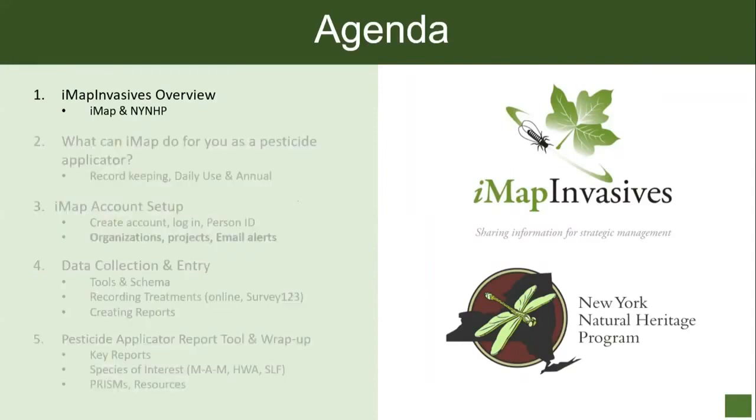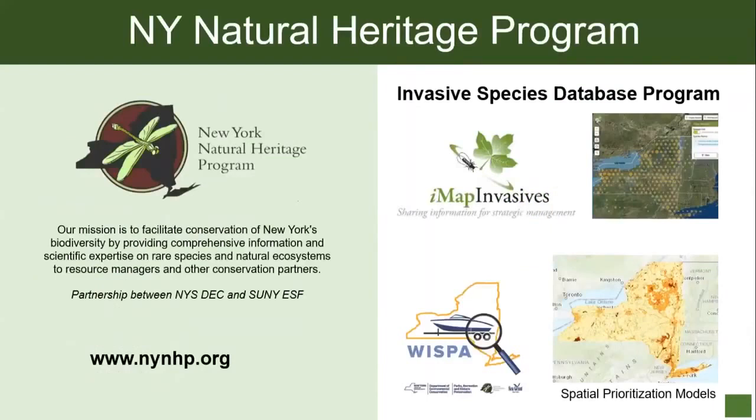So again, we'll be starting with an overview of iMap. I work for the New York Natural Heritage Program. Our mission is to facilitate conservation of New York's biodiversity by providing comprehensive information and scientific expertise on rare species and natural ecosystems to resource managers and other conservation partners.